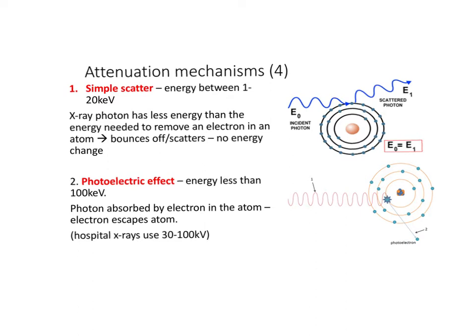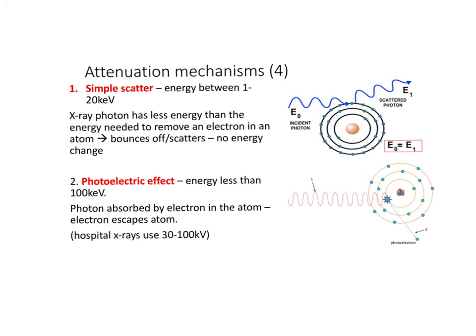So I will be talking through four different attenuation mechanisms. Basically, four ways that the X-ray intensity can decrease as it passes through matter, and it has to do mostly with how X-ray photons interact with the atoms. In each mechanism, you're going to notice that the intensity of the beam of X-rays will decrease, and how that happens.